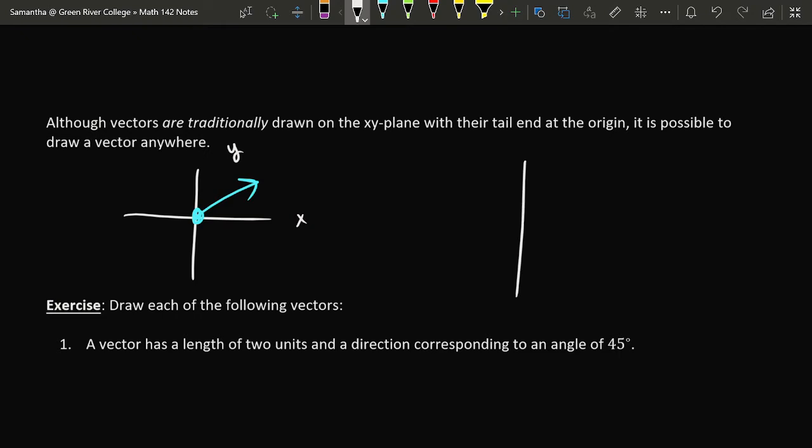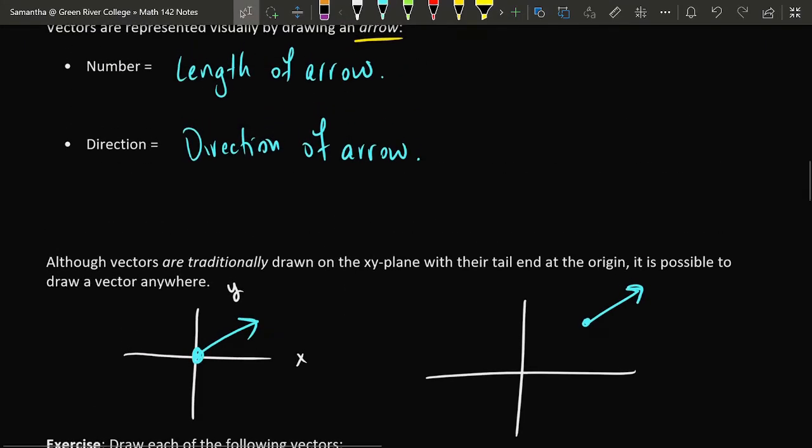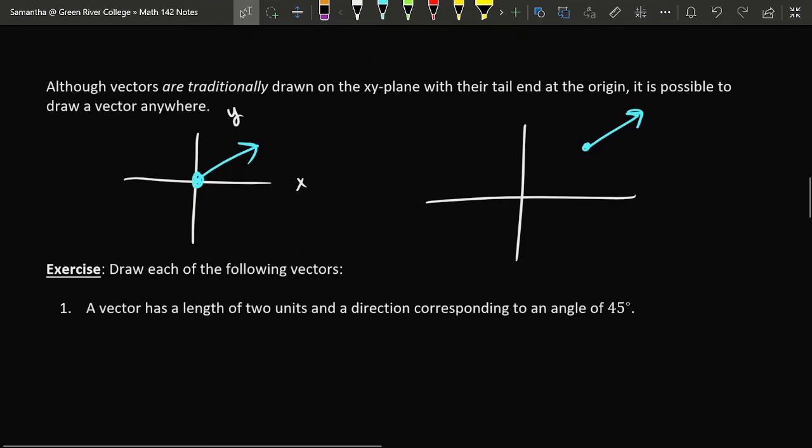But it's just as possible to draw your arrow anywhere in two-dimensional space with its tail at any location. A vector is composed just of its length, the number, and its direction. So the actual starting position doesn't affect what vector you're working with. It's just a matter of tradition to draw it with its tail starting at the origin.